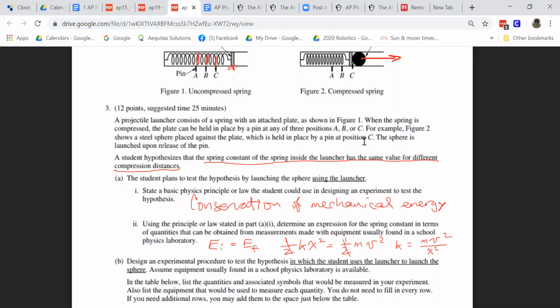These are distances from the equilibrium position of that spring. So this gives us an expression. But the thing is that we're going to need to measure the velocity.